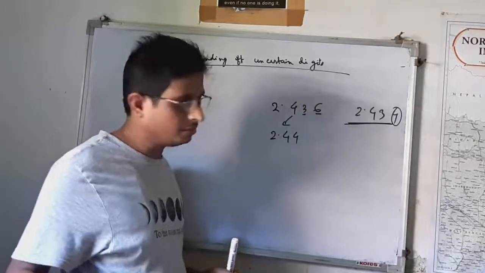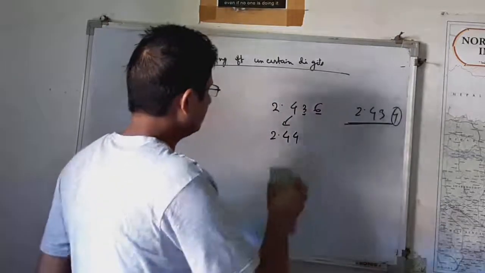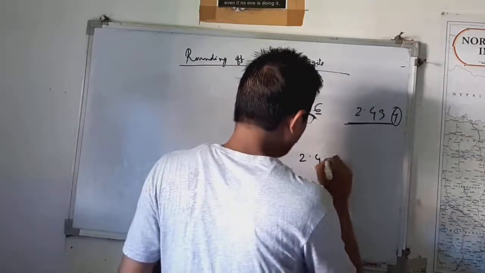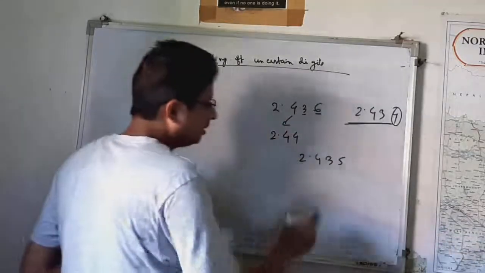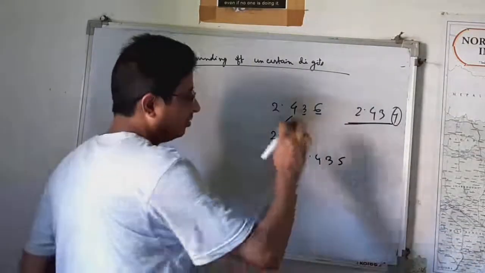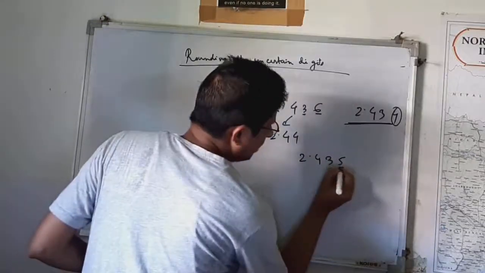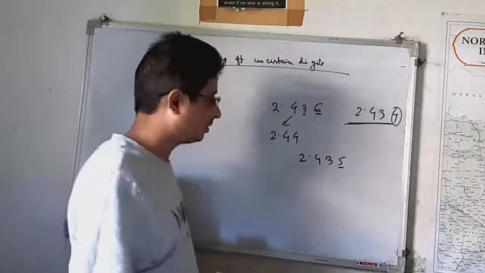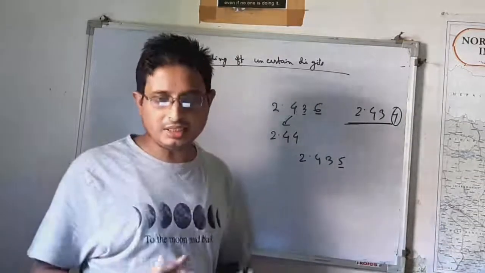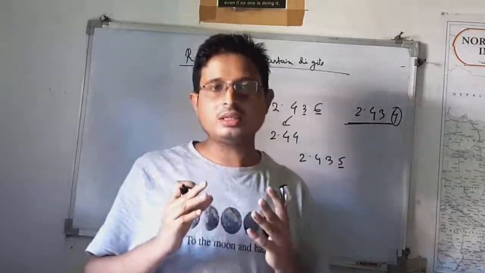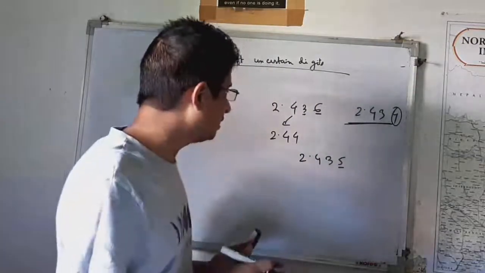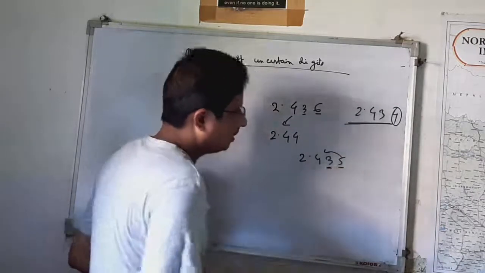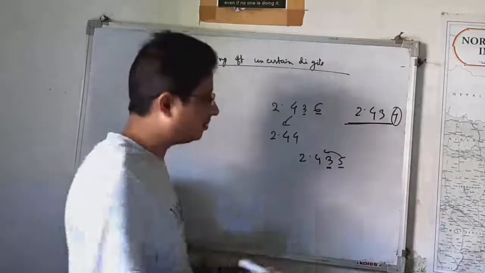Now if I find a value which is 2.435, it is neither greater than 5 nor less than 5, but equal to 5. In that case there are two conditions. If the preceding digit is even, we simply drop that 5.